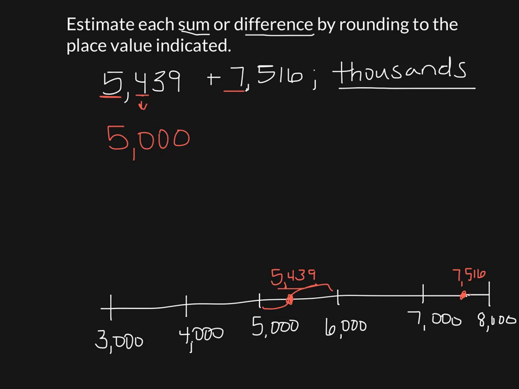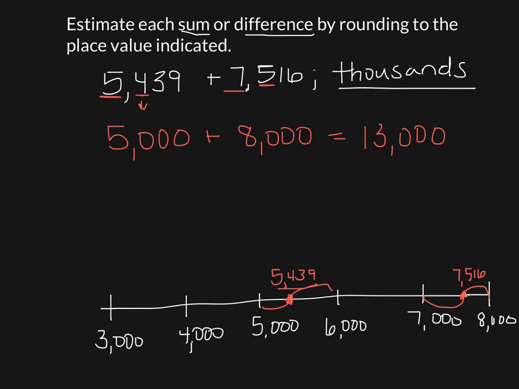Okay, so now for my 7,516, I'm asking, am I going to round that number up to 8,000 or down to 7,000? Well, if I look at my 5, I remember that 5 or more rounds up, so I'm going to be rounding this one to 8,000. So now my last step is I just have to add 5,000 plus 8,000, and that would get me to 13,000.